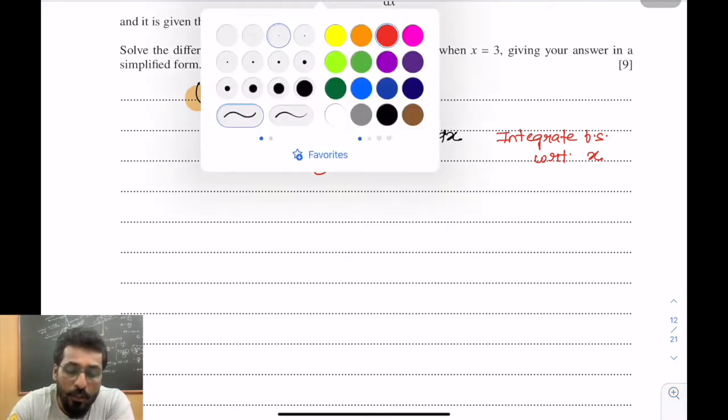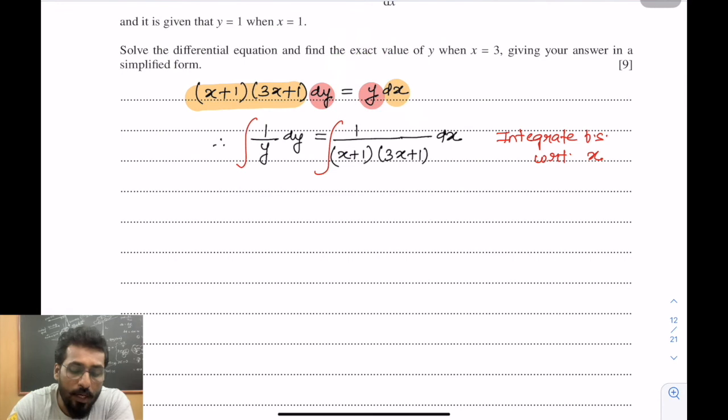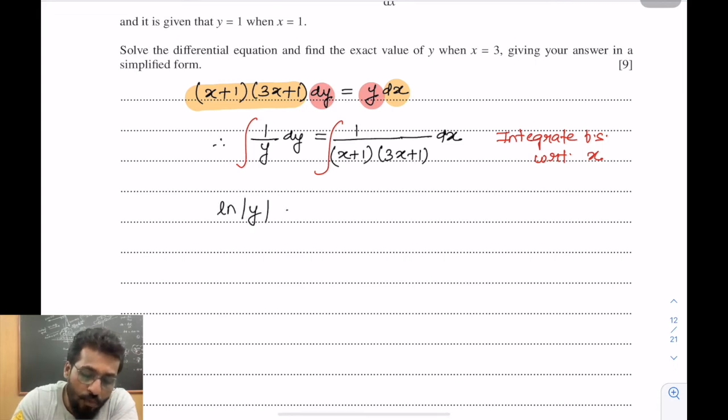So now if you observe this 1 over y, it is getting integrated with respect to dy. Integration of 1 upon x is ln of x, so integration of 1 upon y is going to be ln of y.